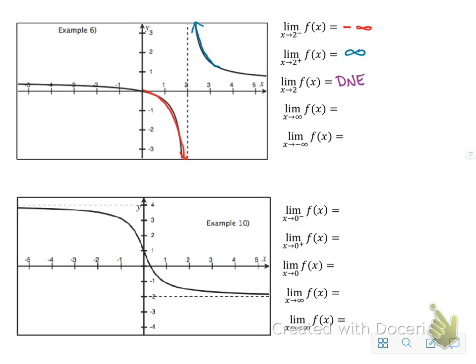Now let's find the limit as x approaches infinity. Okay, well, that's going to the right. And we can't really see what's happening. We could assume that possibly it's getting closer and closer to 1. It doesn't specify. When you do your homework, it will be very specific. For now, I'm going to assume that it's going to be going closer to 1, because I don't have enough information to indicate otherwise.